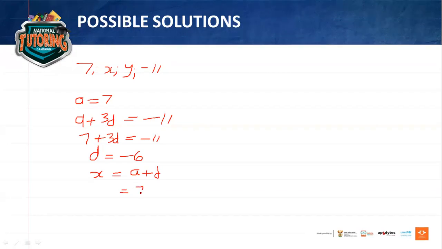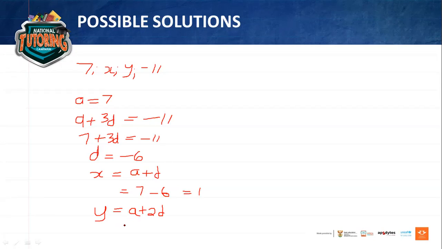So it's just going to be 7 minus 6, which works out to 1. Then we can also get the y. The y is the third term. So it would be a plus 2d.